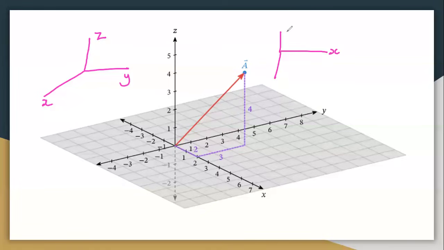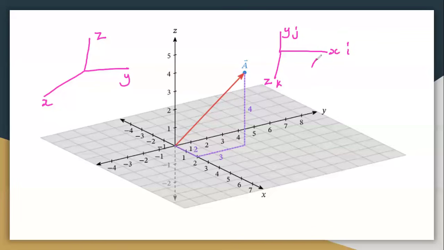This is X, this is Y, and this is Z. So always, you just look at how they are being labeled. Then when it comes to direction, always your X is the I, your Y is the J, and your Z is the K. Always. That one you must know.